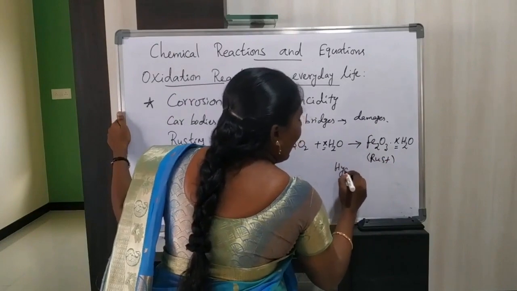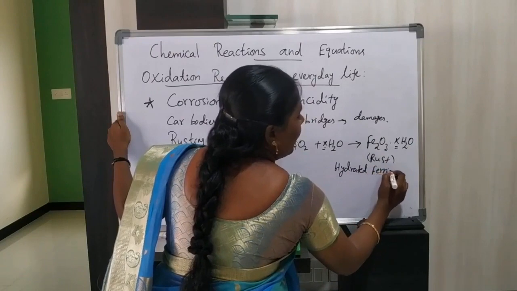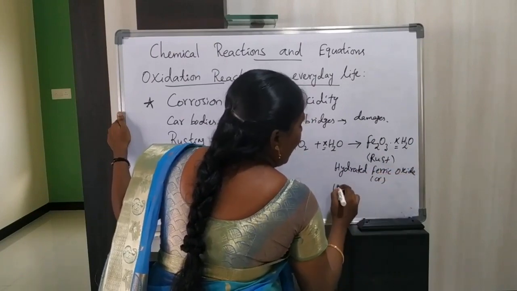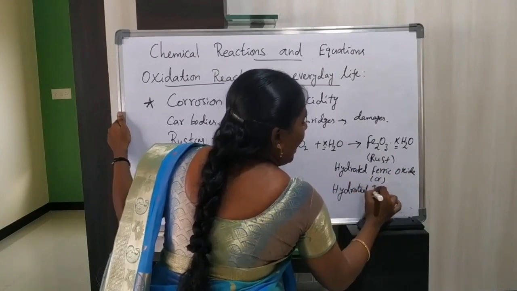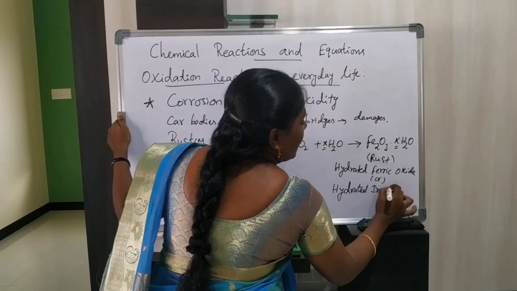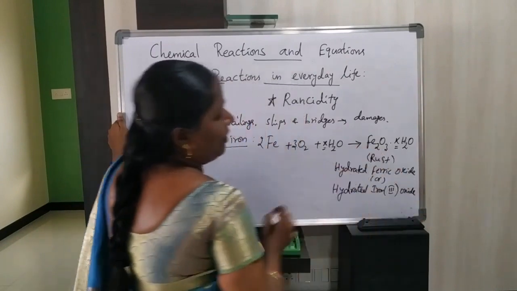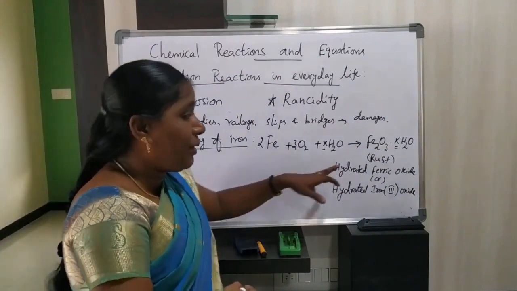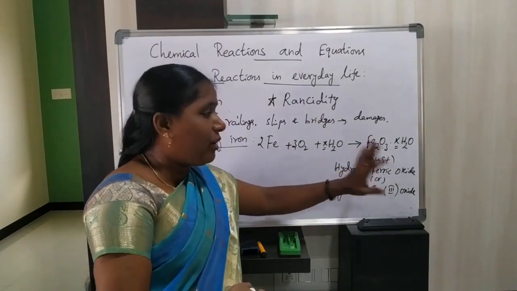The chemical name of rust is hydrated ferric oxide.